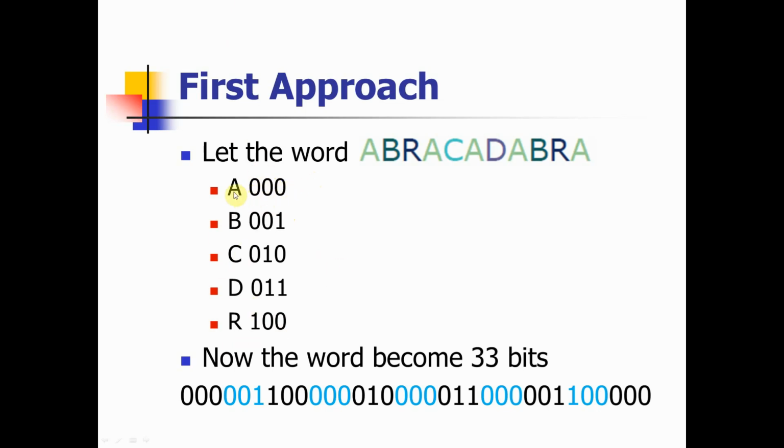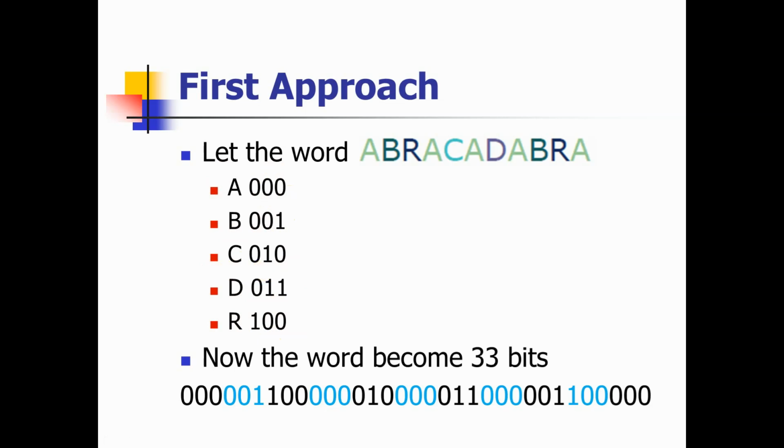A is stored as 000, B is 001, C is 010, D is 011, R is 100. Every single character is stored in a 3-bit system with this key that we will be able to map.